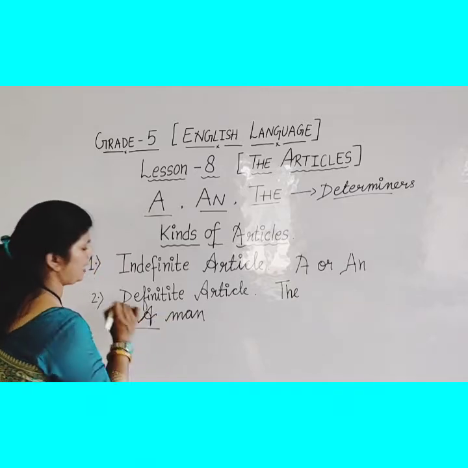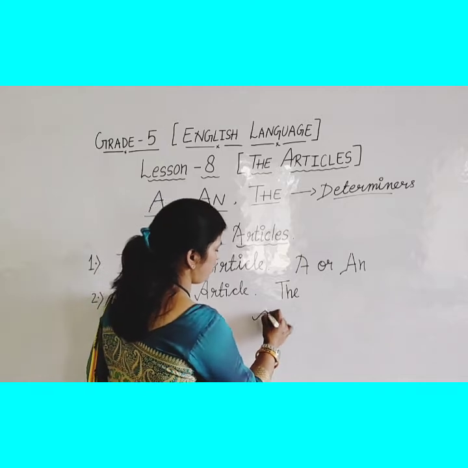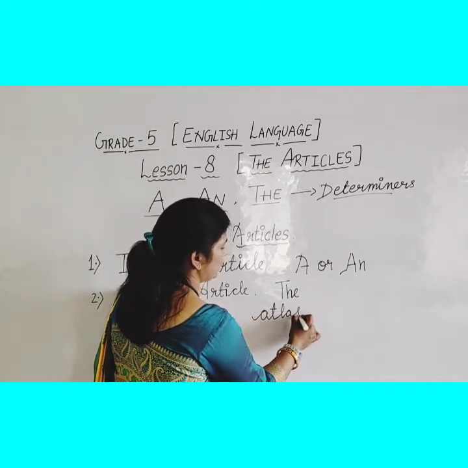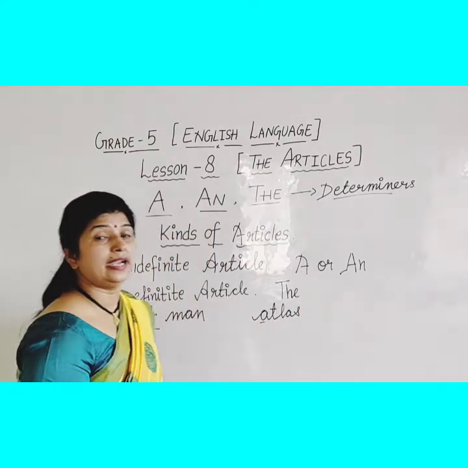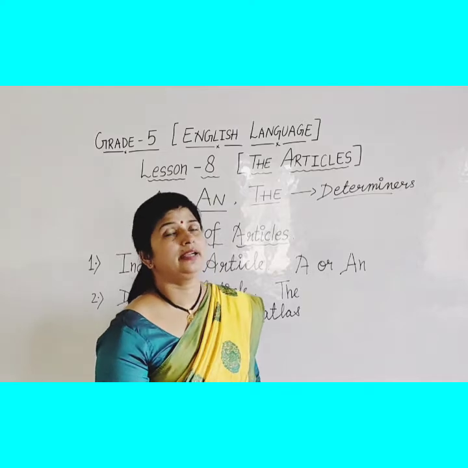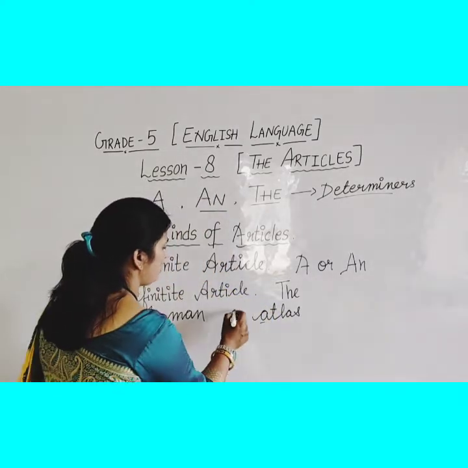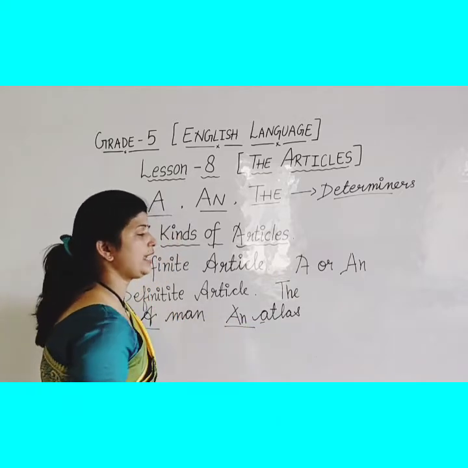A man. And if I talk about atlas, if I have written only atlas, then as you can see, it can be any atlas, any atlas is possible. So here we will use an. We will use an.